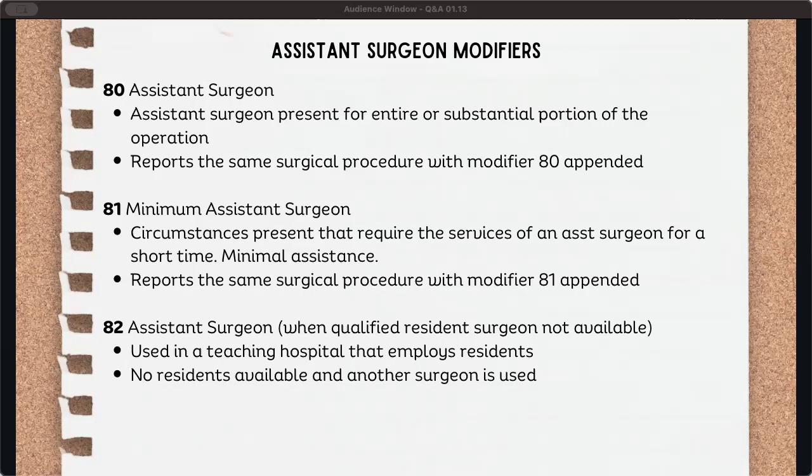So at that point, they do call on another surgeon, like an attending, and then they will be used as your assistant surgeon. So at that point, again, we are going to use the same CPT code for the surgery. And then we are going to append modifier 82 to the assistant surgeon claim.